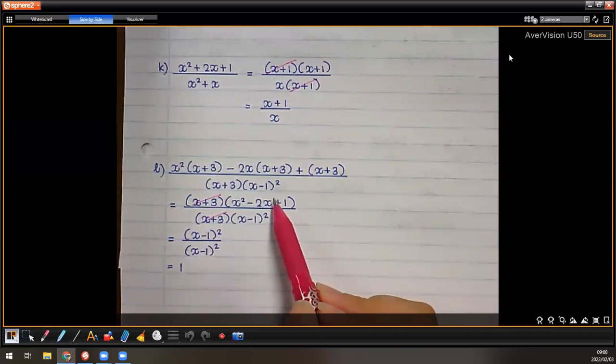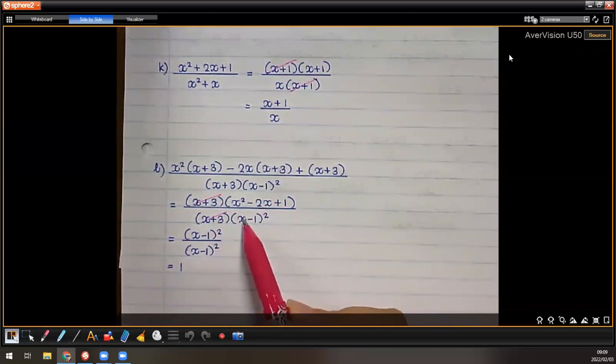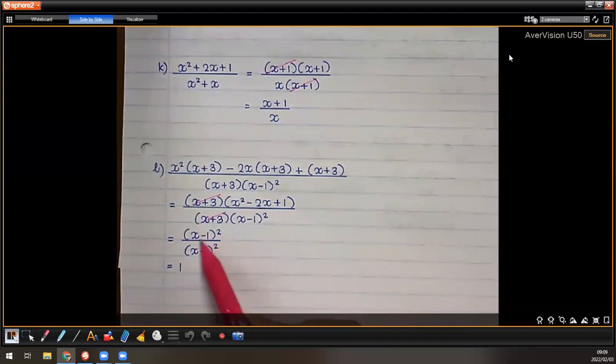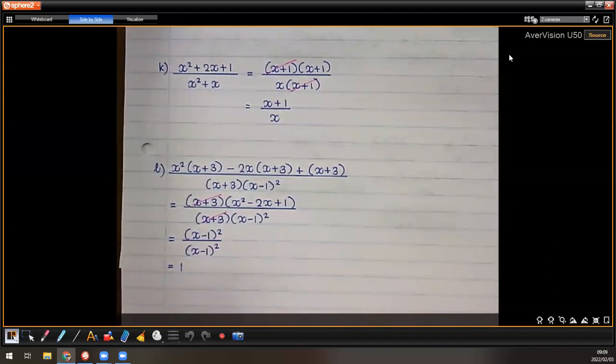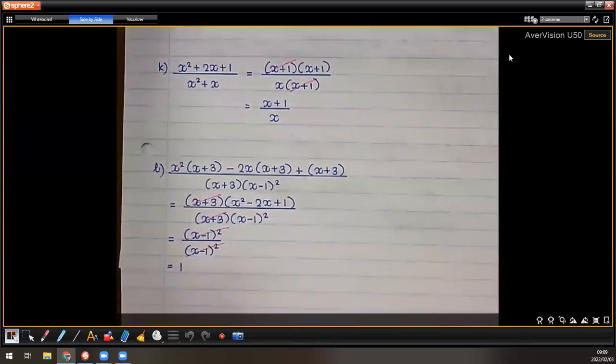X squared minus 2x plus 1. You would say that I'm looking for factors of 1, and the sum of those factors must be negative 2. So it has to be negative 1 and negative 1. So I just wrote it as x minus 1 squared. But you could have done x minus 1, x minus 1. Right? It will be the same thing. And then there we go. Everything divided by itself is just 1.